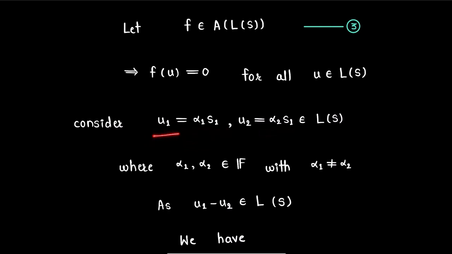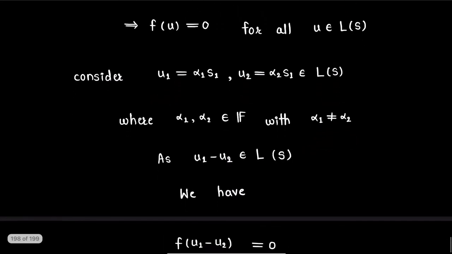These are two vectors in the linear span of S from the definition, where alpha 1 and alpha 2 are scalars coming from field F such that alpha 1 is not equal to alpha 2, and therefore these two are distinct vectors in the linear span of S.